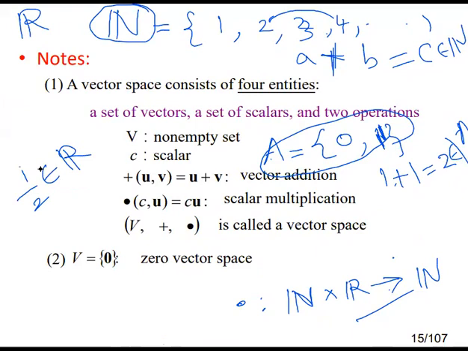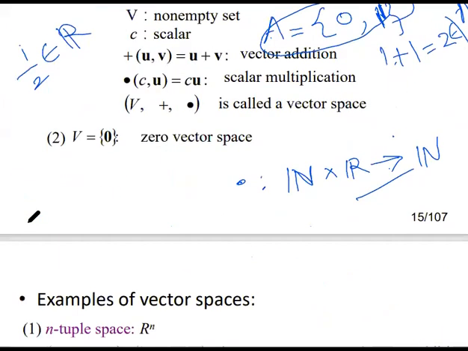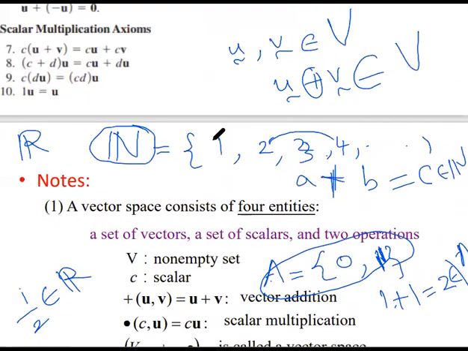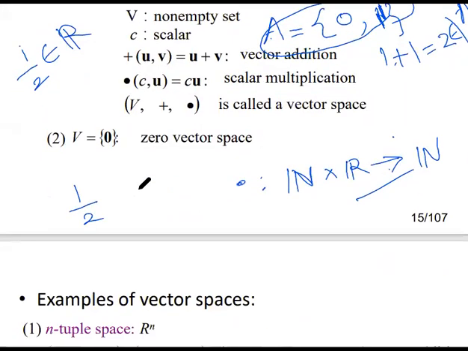If you multiply this scalar by one of the elements, let's take 1, 1 is an element. Let's perform scalar multiplication: 1/2 times 1.